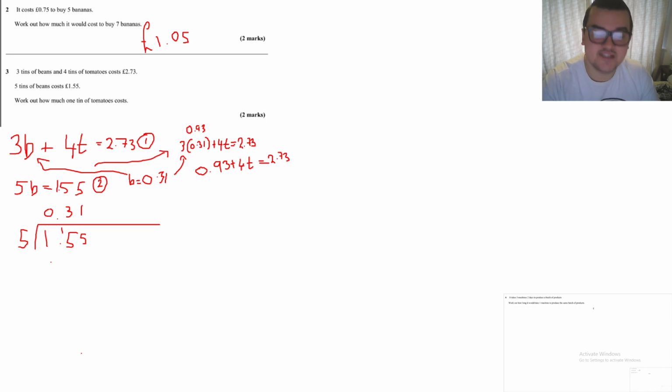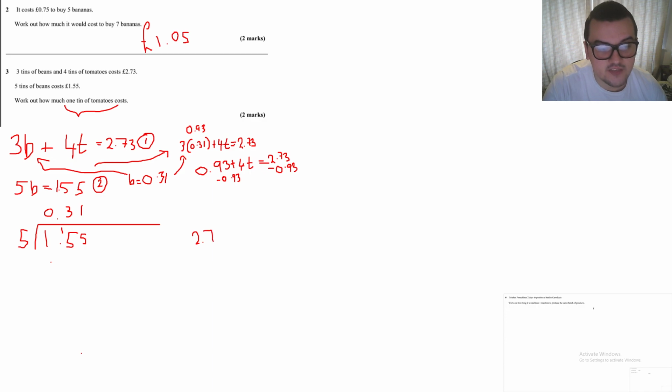So we want to solve for t now, because that's what the question asks. The question says how much is 1 tin of tomatoes. So we're going to take off 93 pence off both sides. We can work out this right hand side using subtraction.